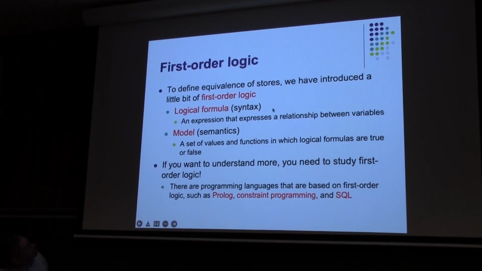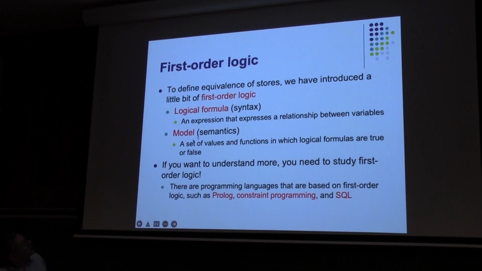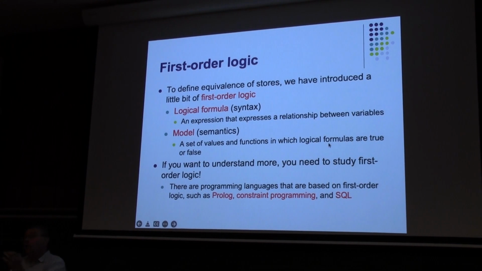This is an expression. It expresses a relationship between values. And then I showed you a model. This is a set of values that makes these formulas either true or false. So the model is like the semantics of the logic formula. The logic formula is just an expression, some kind of a grammar thing, syntax.